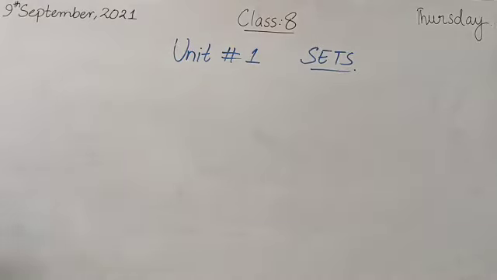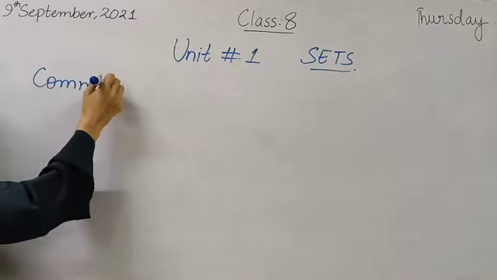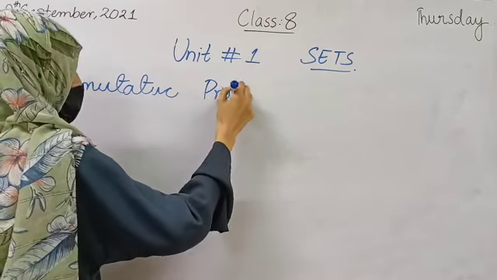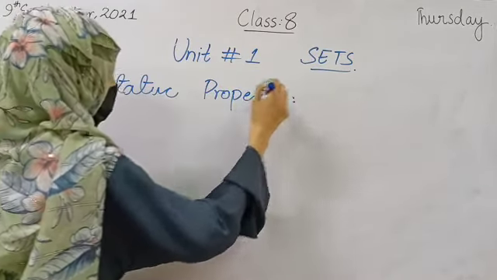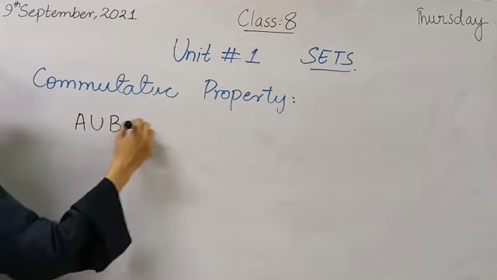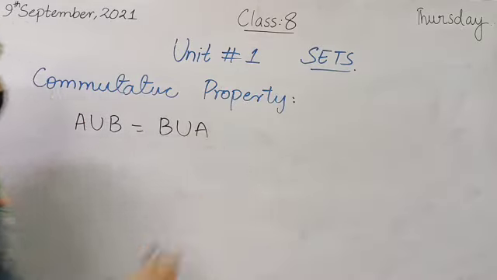Properties of union, intersection, difference and complement. First is commutative property. What is commutative property? Union of A and B is equal to union of B and A. If we take the union of A with B or we take the union of B with A, both are equal.